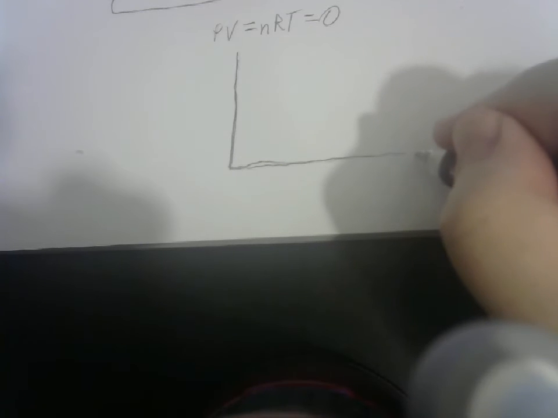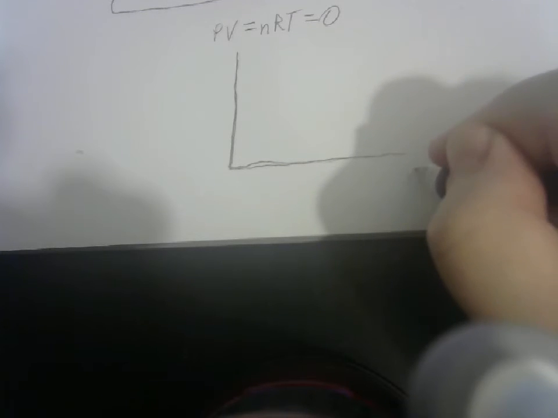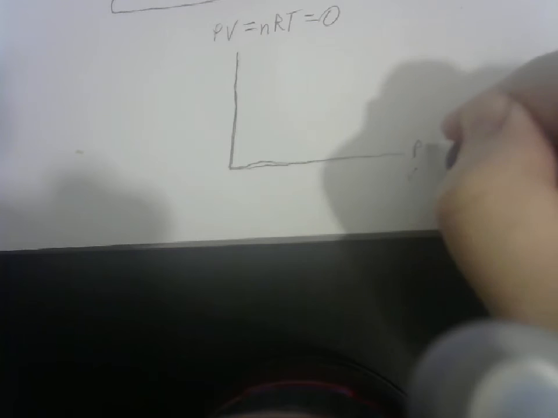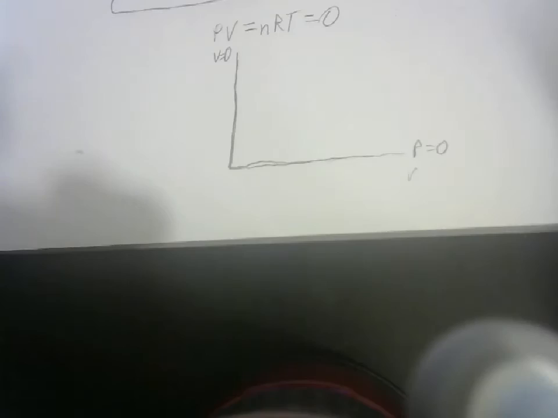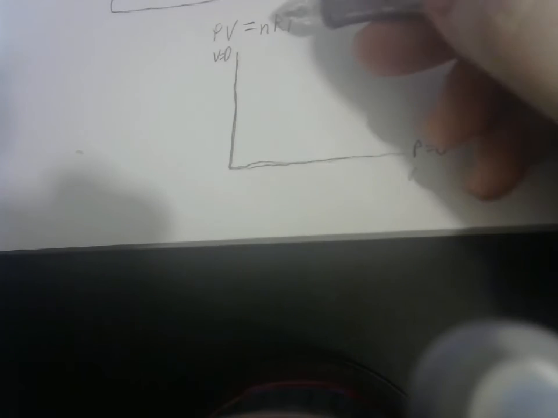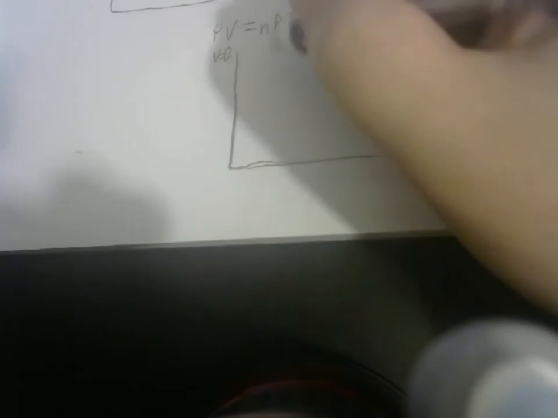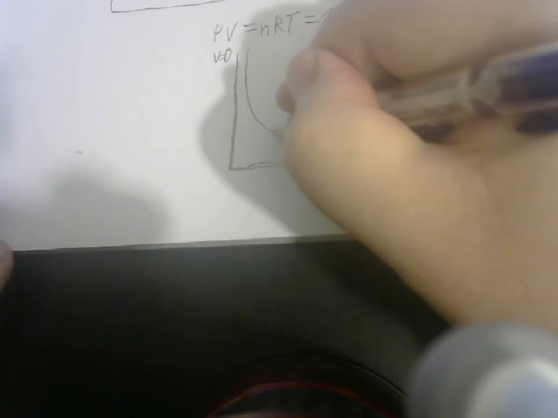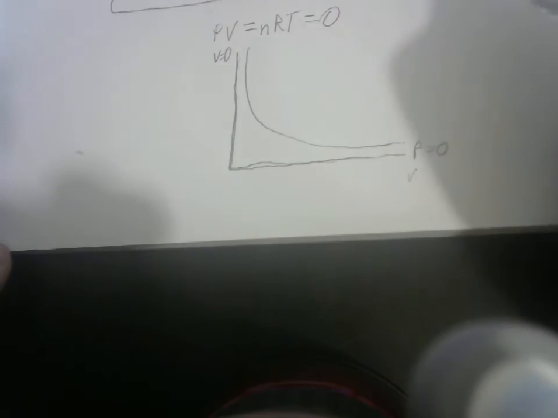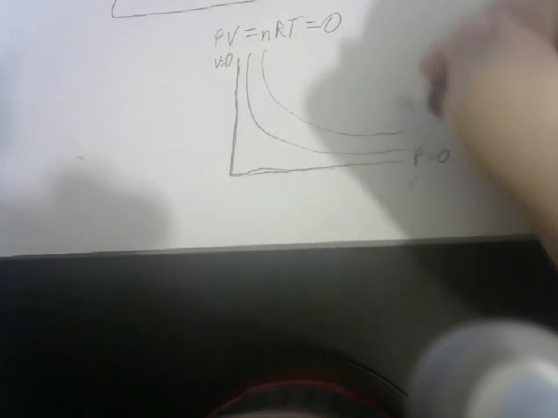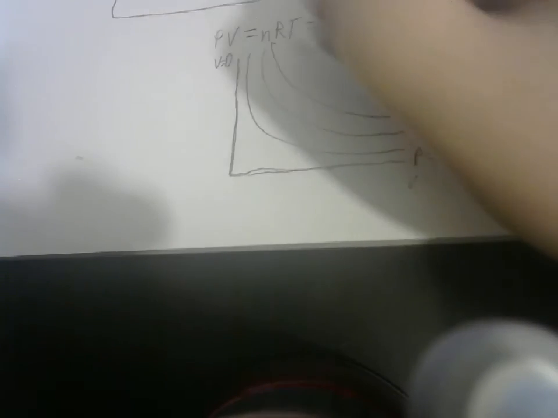This would be the line P equals 0, and this would be the line V equals 0. If we go to PV equals 1, it looks something like this. And if we go PV equals 2, it looks something like this. And it just keeps going.